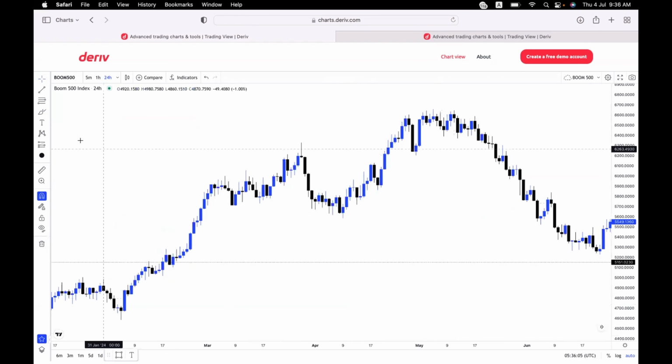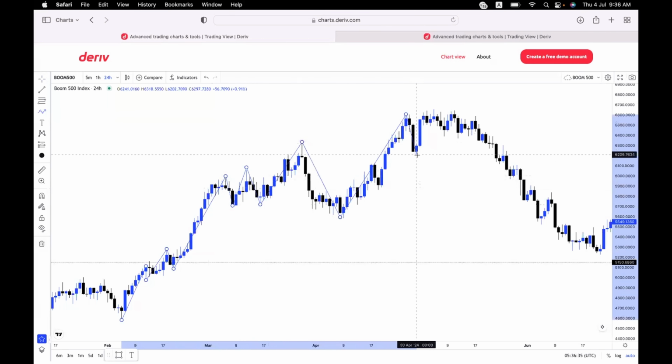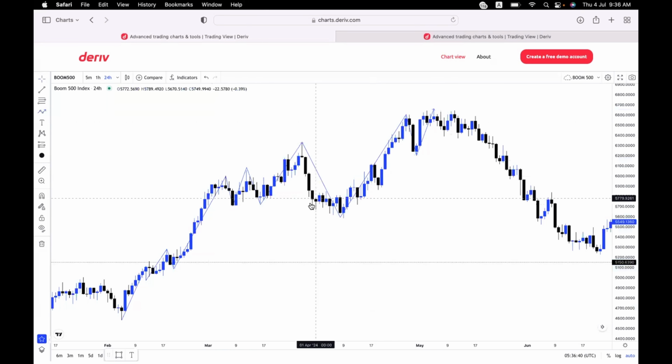Here we can see price was moving in an uptrend, creating impulses and pullbacks. Let's start from this point: impulse, pullback, impulse, pullback, impulse, pullback, impulse, pullback, and this was the last impulse on the bullish side, right? So in market structure, the last valid pullback that is taken out by the following pullback is what we call inducement, right?